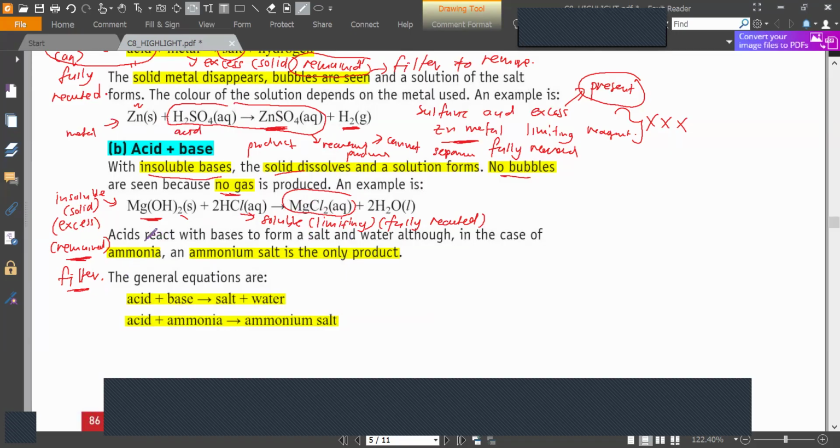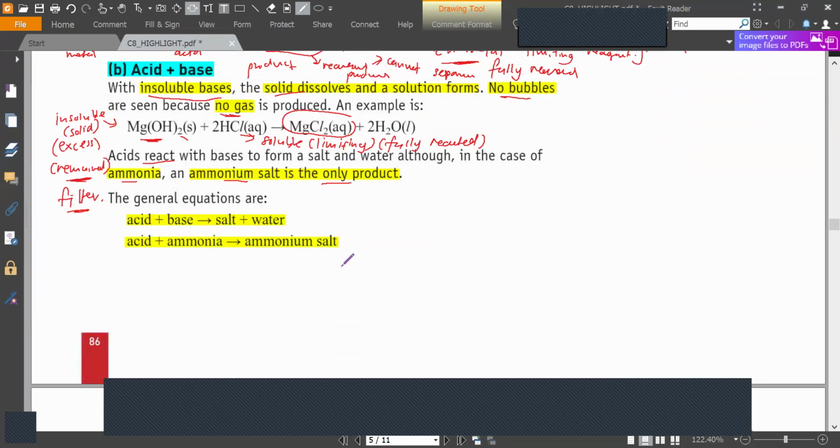Another example, acid can react with bases to form salt and water. In the case of ammonia, ammonium salt is the only product. So usually acid plus base will give us salt and water, no gas produced. Let's say we have HCl and then we have ammonia.